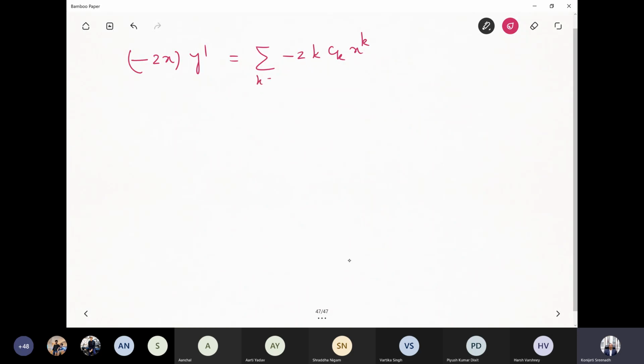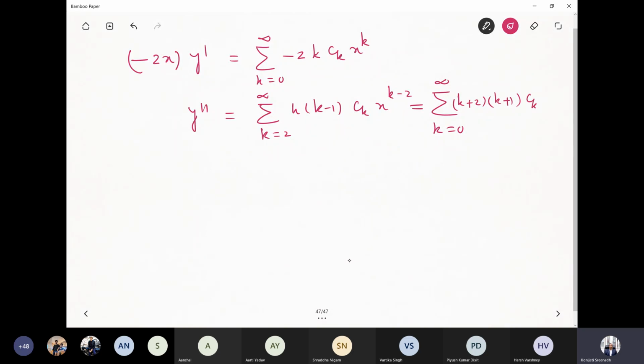We can write this from k equals 0 to infinity, though for k equals 0 it is 0. Similarly, for y double prime, we can write k equals 2 to infinity of k into k minus 1 ck into x power k minus 2. I can rescale it to get k plus 2 into k plus 1 into ck plus 2 into x power k.